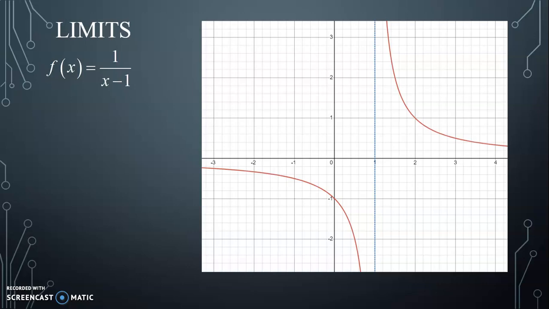We can see by looking at the graph that this function does not have any other restricted values. So for any point other than x equals 1, we could just find the image of that value of x by replacing it within the function. For example, for x equals 2, I can find its image simply by replacing x by 2 and finding f of 2. But that was something we could not do for x equals 1 being a restricted value, and this is why we had to refer to limits.